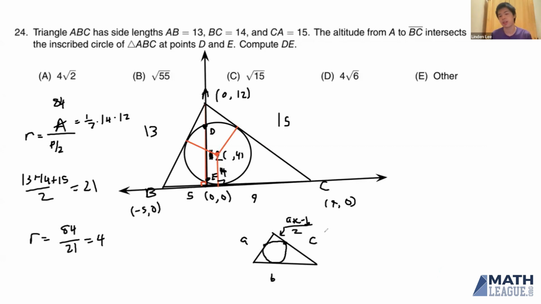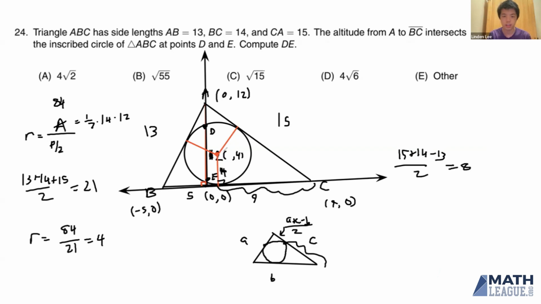And you can repeat that for any segment like this one. But my point is, this distance over here is 15 plus 14 minus 13 divided by 2, which is equal to 8.